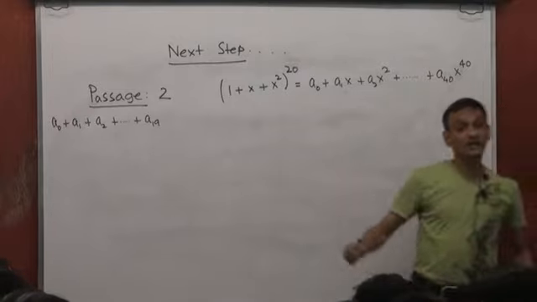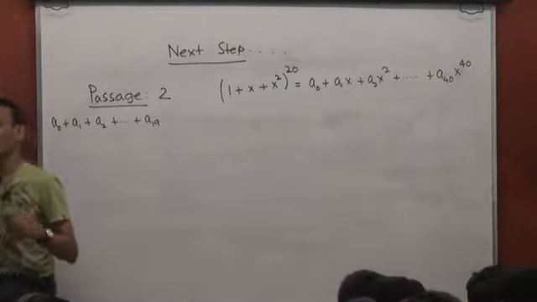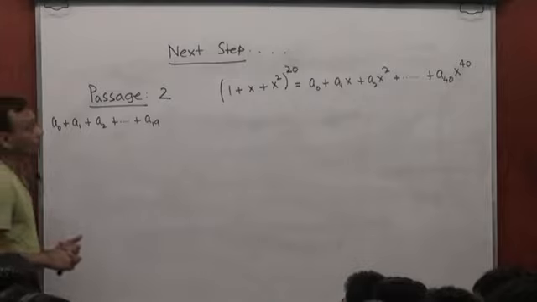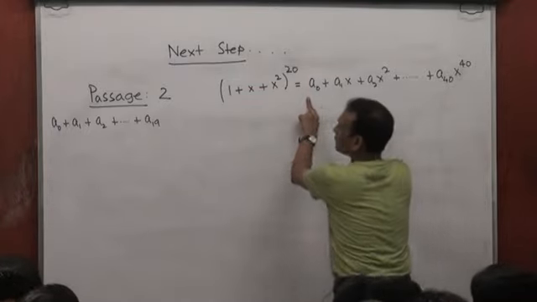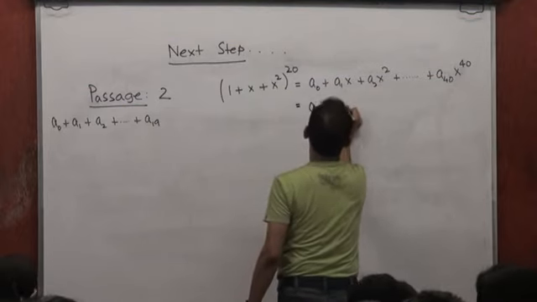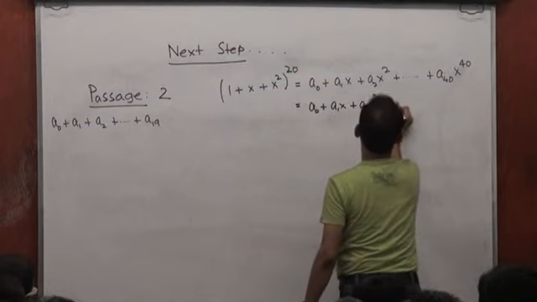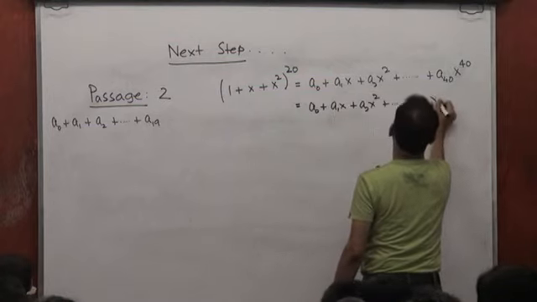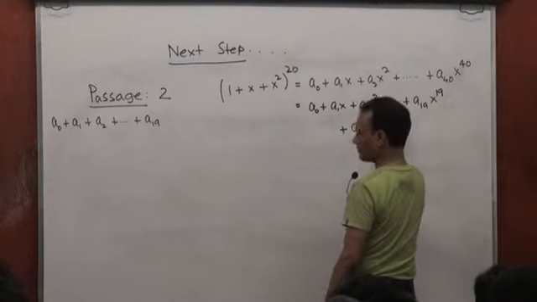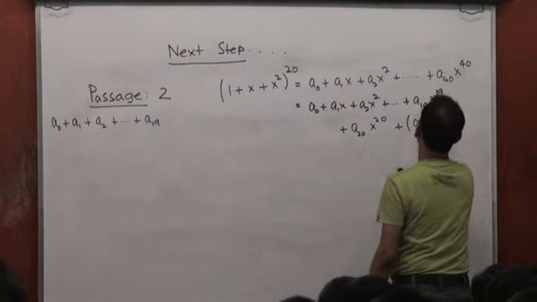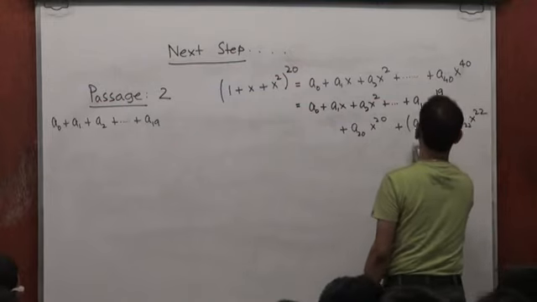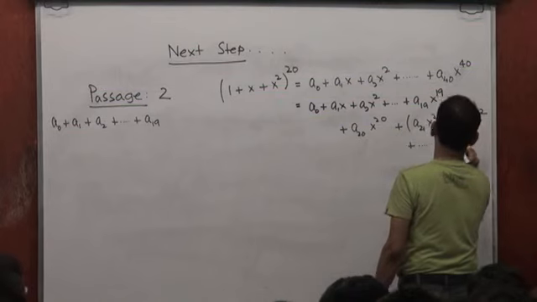let's see what lies in the mind of the person who set this problem. If I look at the set of terms, a19 x power 19, then a20 x power 20, and then a21 x power 21, a22 x power 22, up to a40 x power 40.